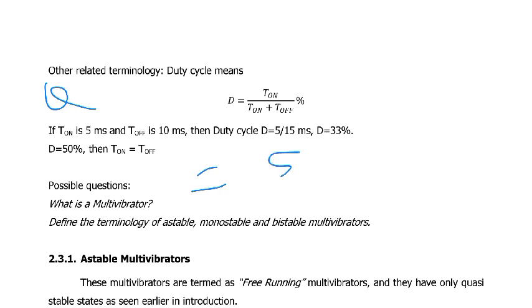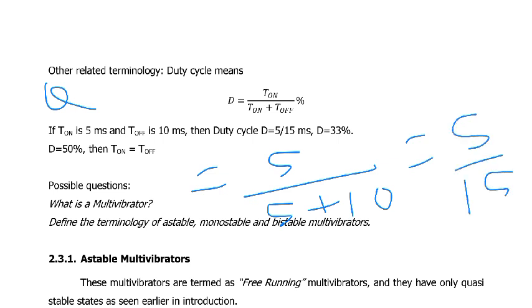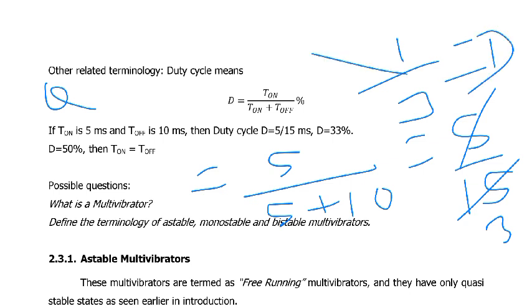T on is 5 millisecond, t off is 10 millisecond, so total is 15 millisecond. 5 by 15 is 1 by 3. This is the duty cycle. In percentage, we can write 33.33 percent.